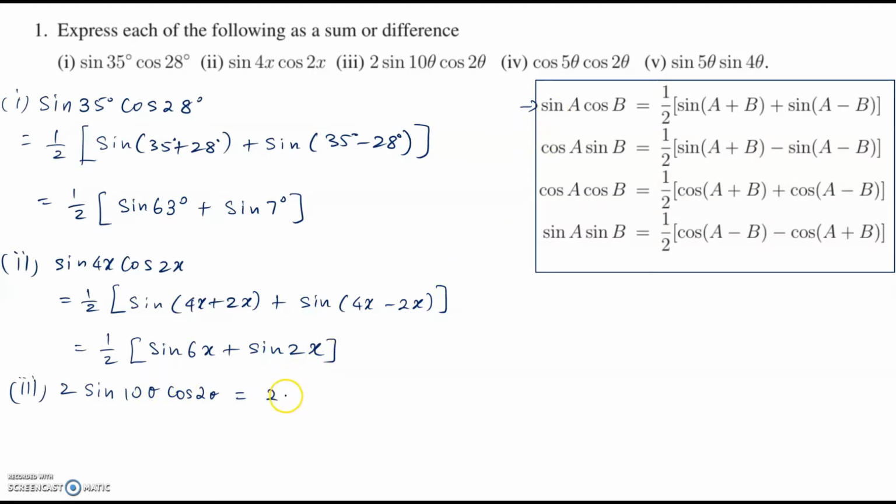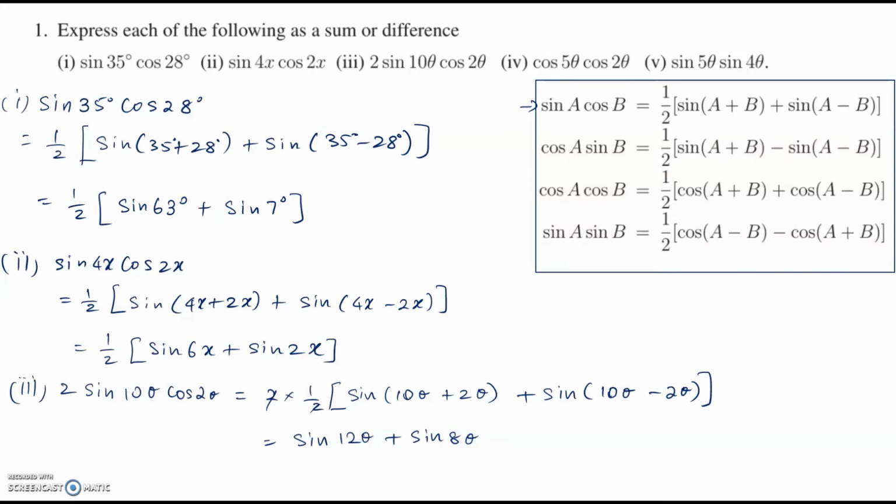So we leave the 2 outside, and then for sine 10 theta into cos 2 theta, we will have 1 by 2 into sine A plus B, which is 10 theta plus 2 theta, plus sine 10 theta minus 2 theta. The 2 and 2 will cancel, so you will be left with sine 12 theta plus sine 8 theta.